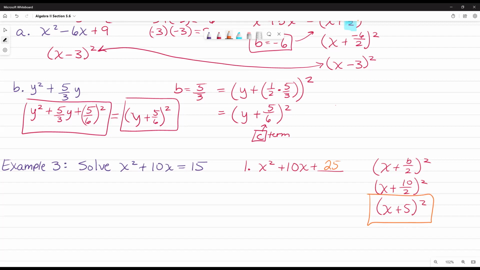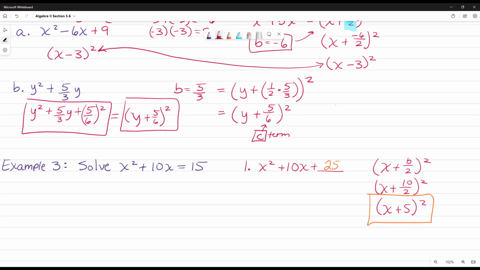So now I need to solve it. Where do I take that squared binomial and plug back into my original equation? So I plug that in on the x squared plus 10x side. However, let me show you what you've got to do here.